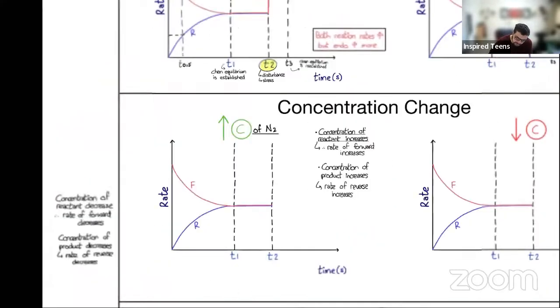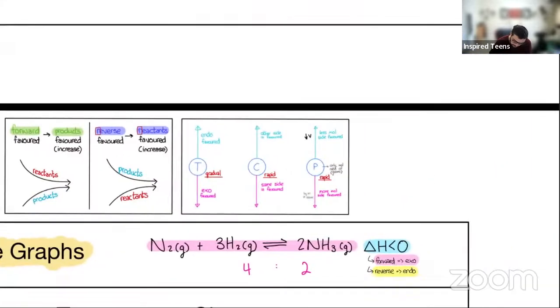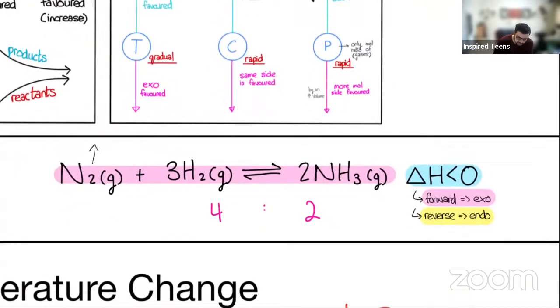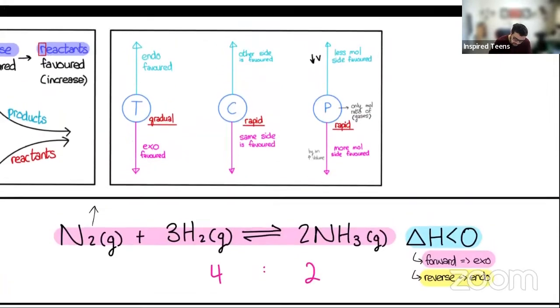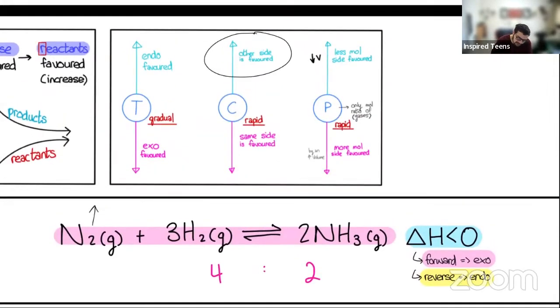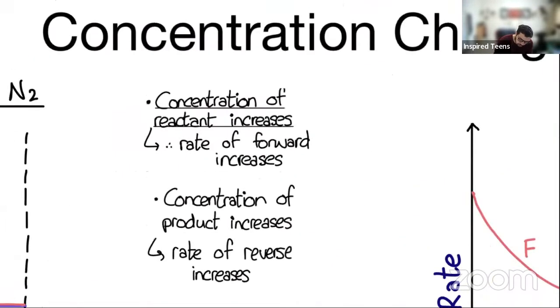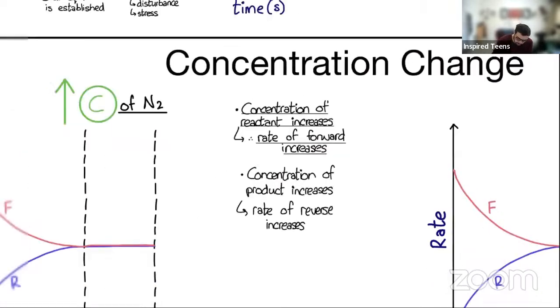Since the concentration of one of our reactants increased, remember, according to Le Chatelier's principle, the other side is favored. So the rate of the forward increases. That's the first thing we should note.